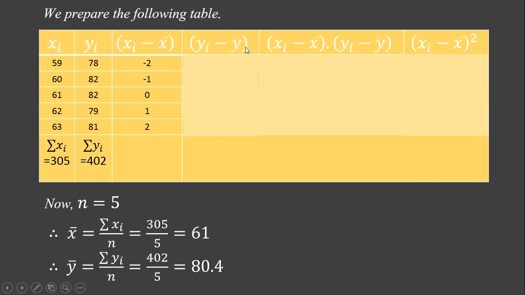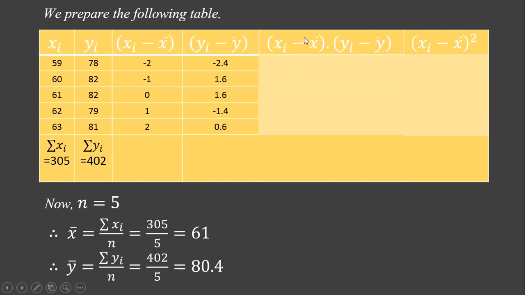Now we subtract 80.4 from these values of yi. 78 minus 80.4, it is minus 2.4. 82 minus 80.4, it is 1.6. 82 minus 80.4, it is 1.6. 79 minus 80.4, it is minus 1.4. 81 minus 80.4, it is 0.6. So we get these values of xi minus x bar and yi minus y bar.